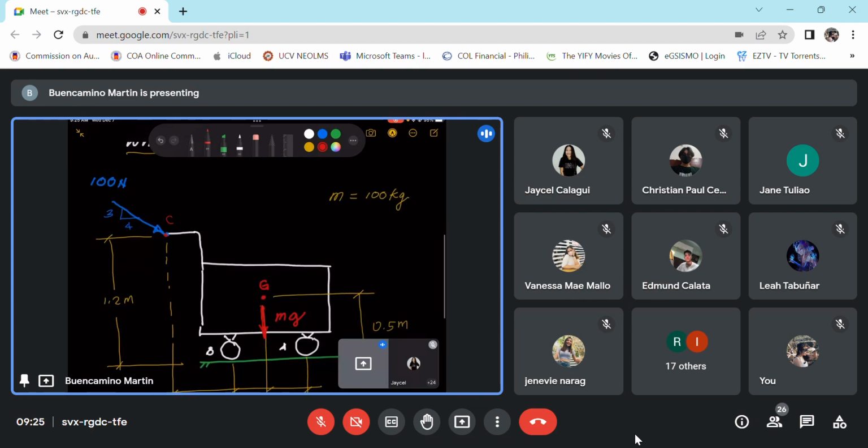And then this 100 Newton force, ito yung force na nagtutulak ng cart.